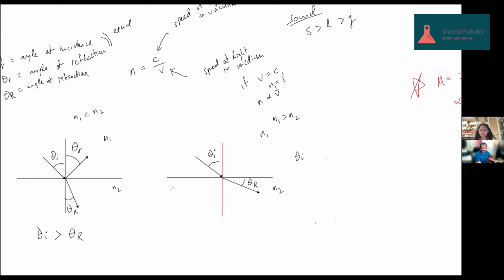The angle is measured from the normal. So now the angle of incidence would be less than the angle of refraction, right?